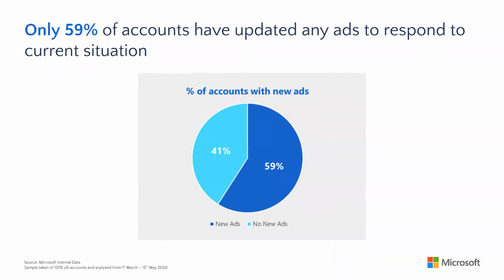Only 59% of accounts have changed any sort of ad messaging in response to the current situation, looking at March, May, and up to the 15th of April. That's a huge figure when you take that into consideration. 41% haven't changed their ad messaging in response to the situation.